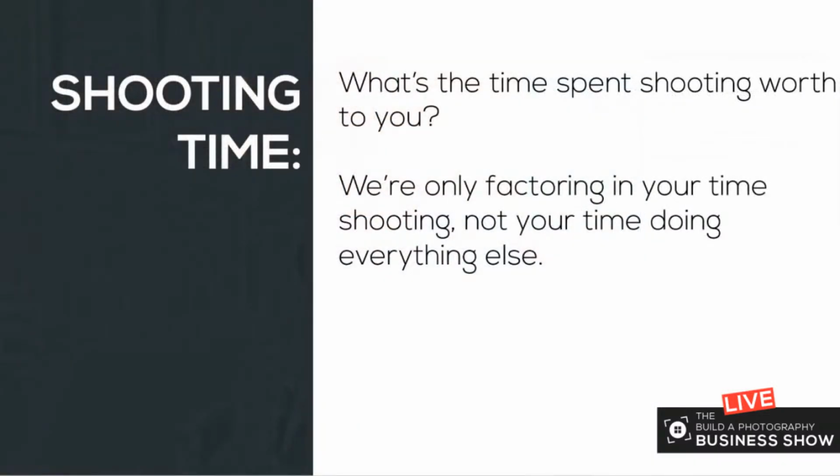So if a shoot takes you 1 hour, is that 1 hour worth $200? Maybe $50? Whatever it is, define what that value is for you and drop it into our formula. And remember, you can always adjust this later or once you see all of your numbers in here. But for now, let's go with $50 per hour.